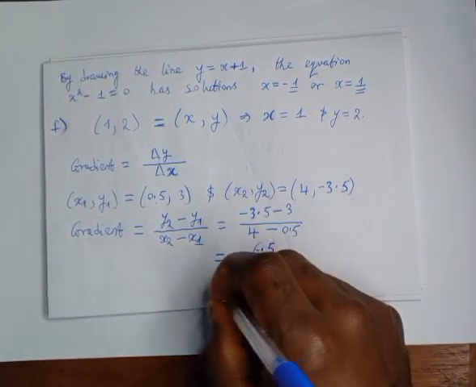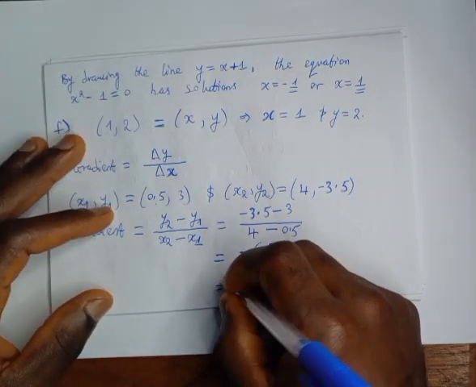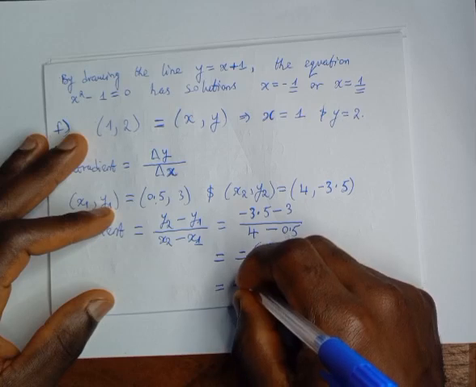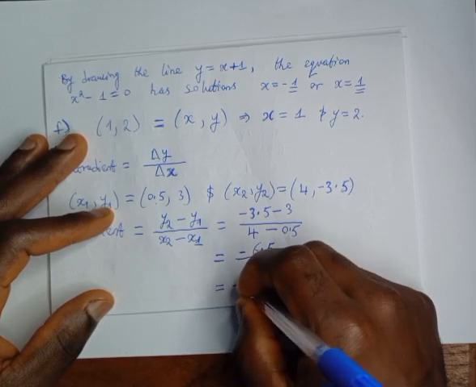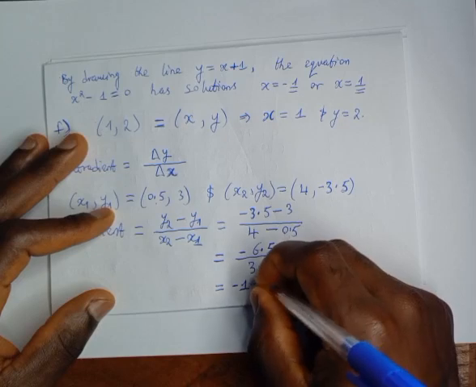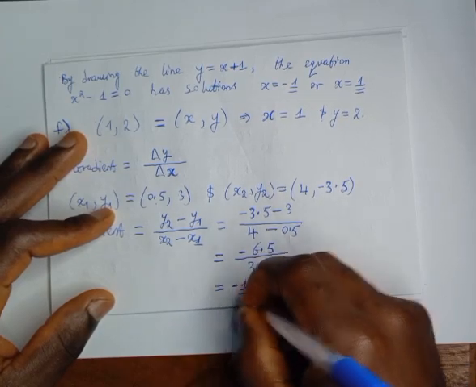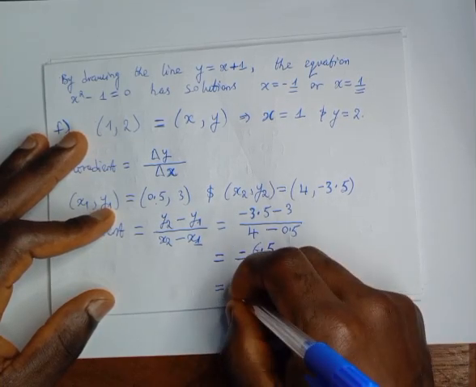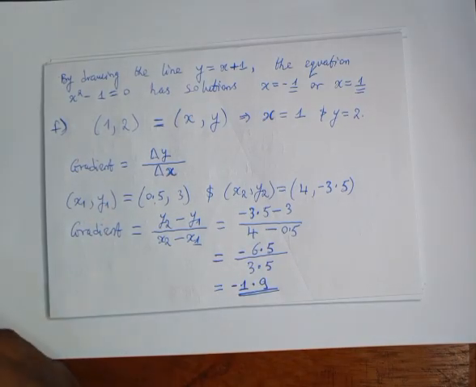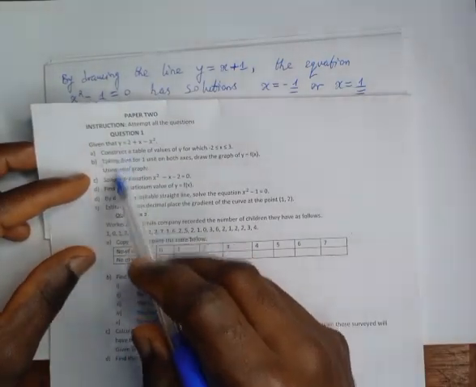And this will simply be equal to negative 1.9 to 1 decimal place. Apply the methods of approximation. So this is the gradient of the curve at the point 1, 2. And we are done with question 1.